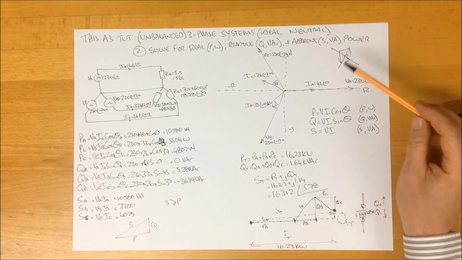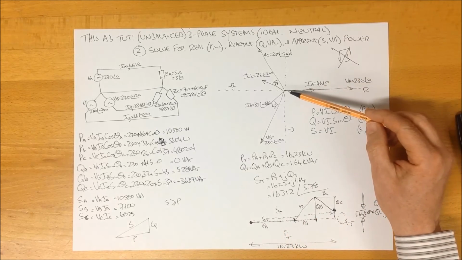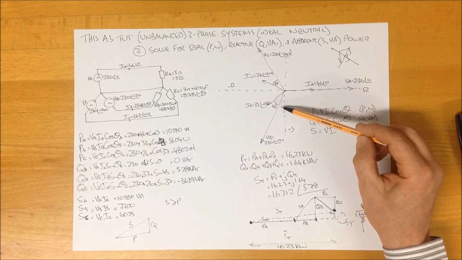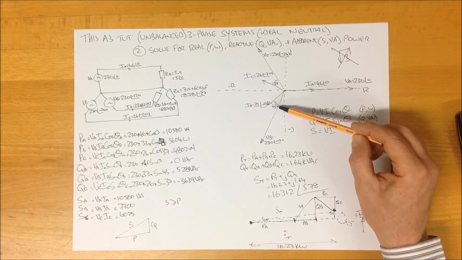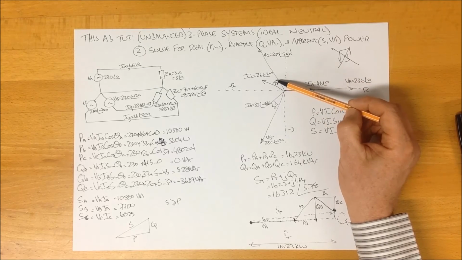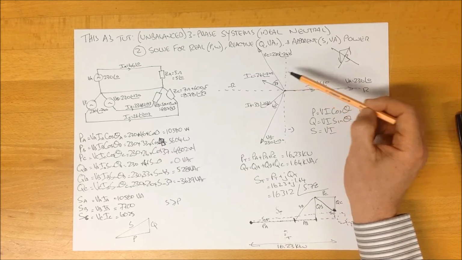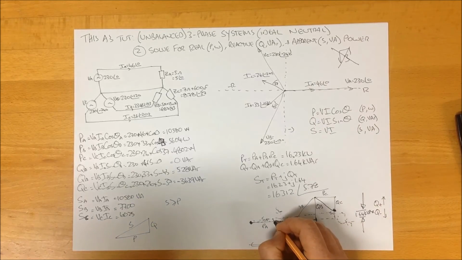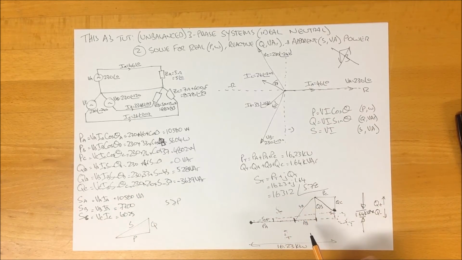Despite the fact that we have a theta on phase A of 0, a theta of 43 degrees lagging in phase B, and a theta of 37 degrees leading in phase C, our total angle overall, this angle down here, is 5.78.